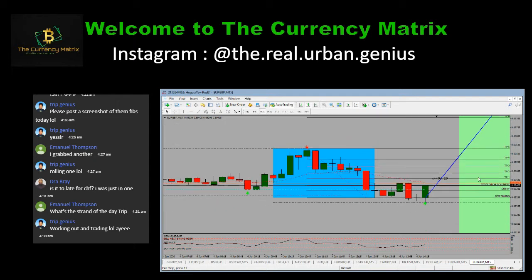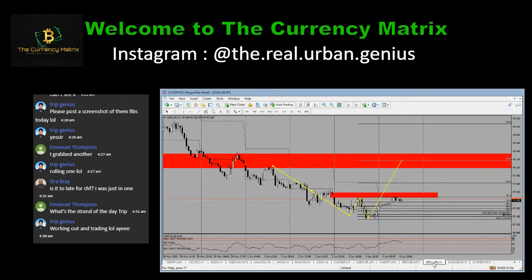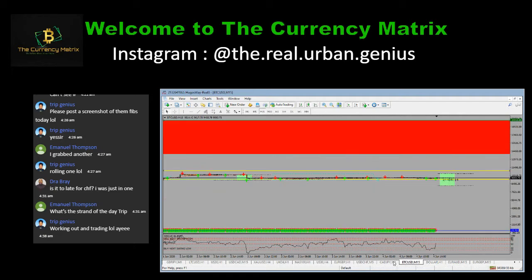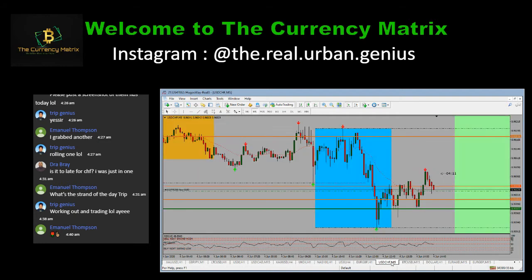Is that Euro pound? Euro Aussie finna follow. Dollar is just holding off. It's finna spike. USD CHF should be turning around right at that 4:45, which is the next 15-minute candle.